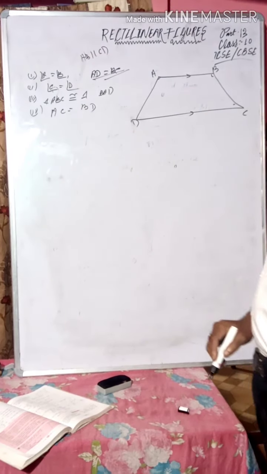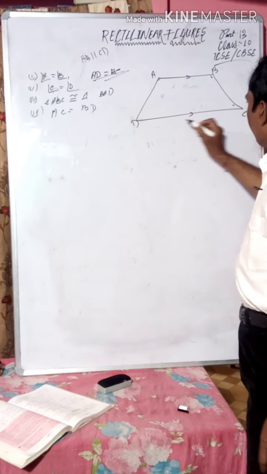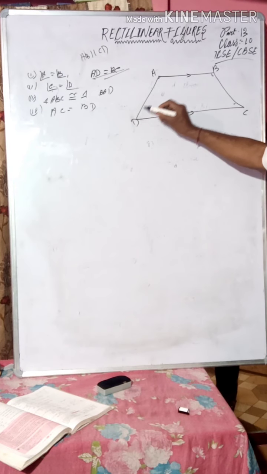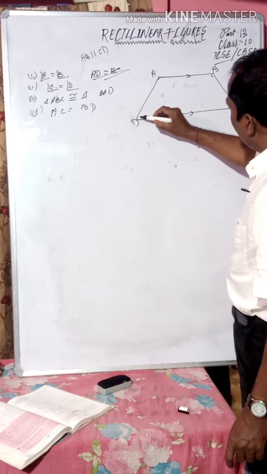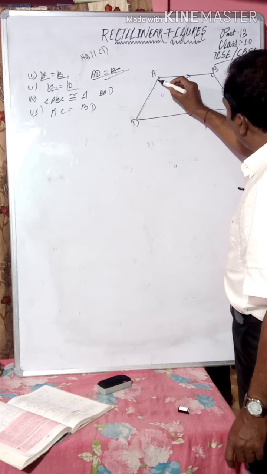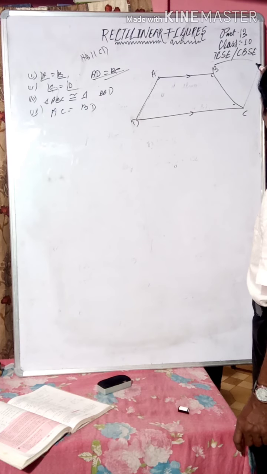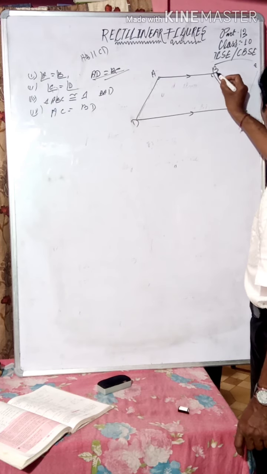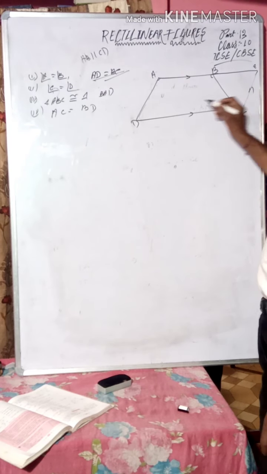We have to prove angle A is equal to angle B, angle C is equal to angle D. Now draw a parallel line to AD. Suppose this is E, produce AB and join E. So this is parallel to this.